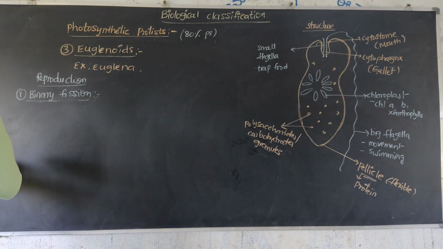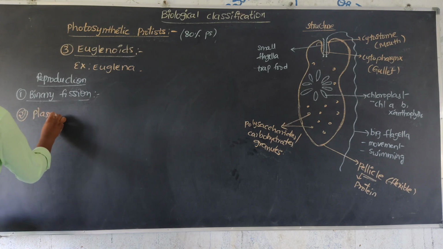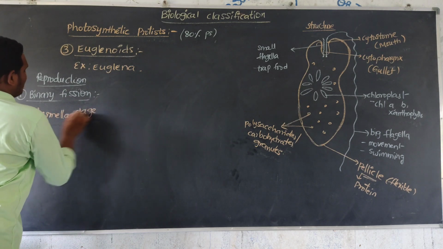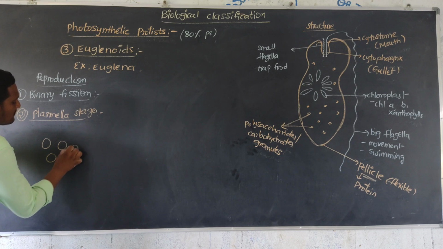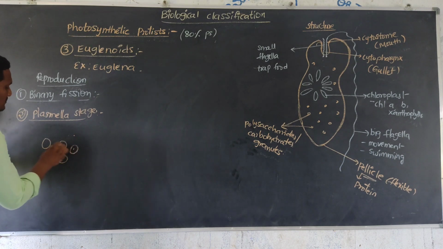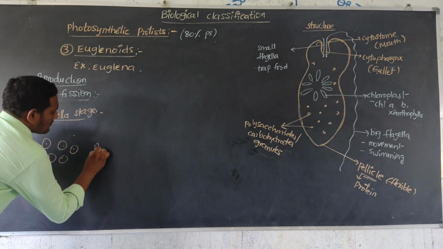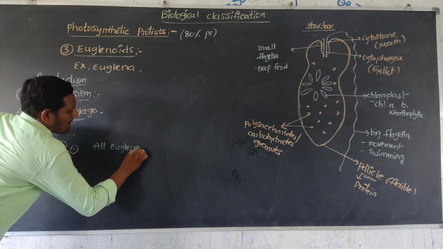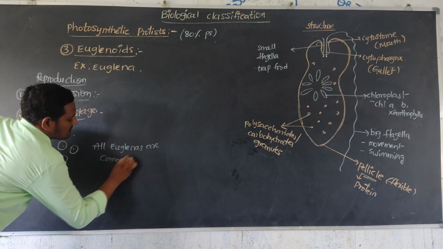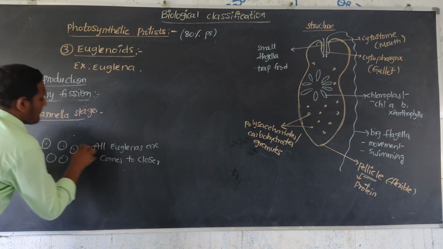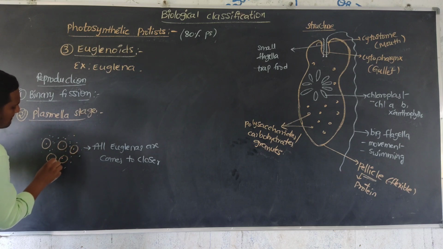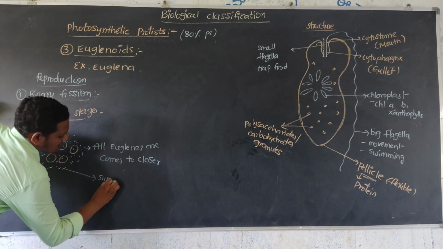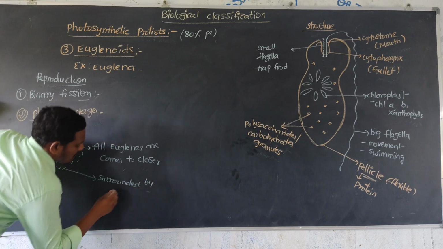The second method is the Palmella stage. In this Palmella stage of reproduction, all Euglenas come to closure, enclosed by a smooth mucilage layer, or surrounded by a mucilage layer.